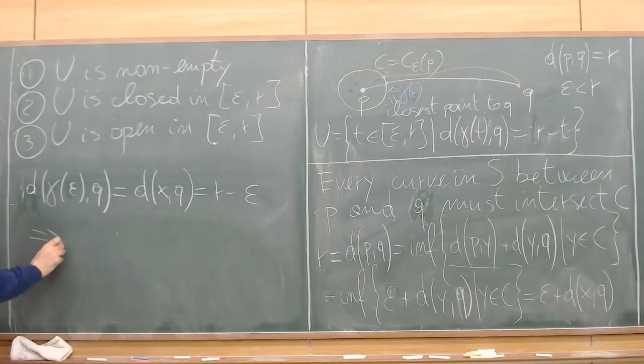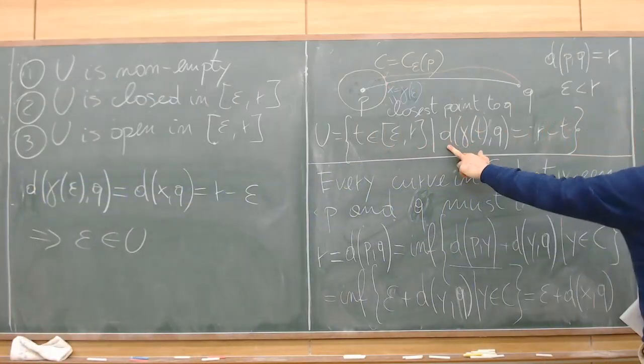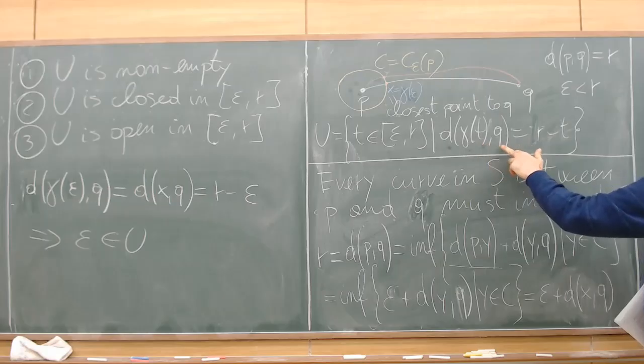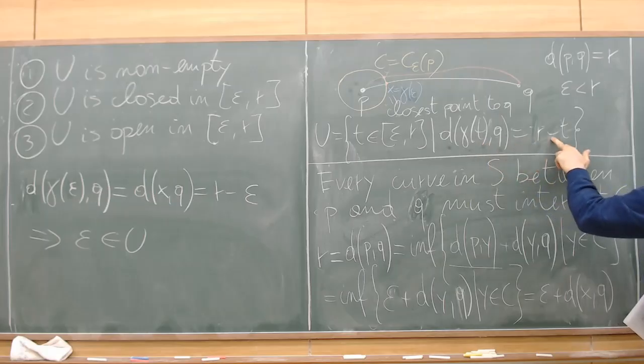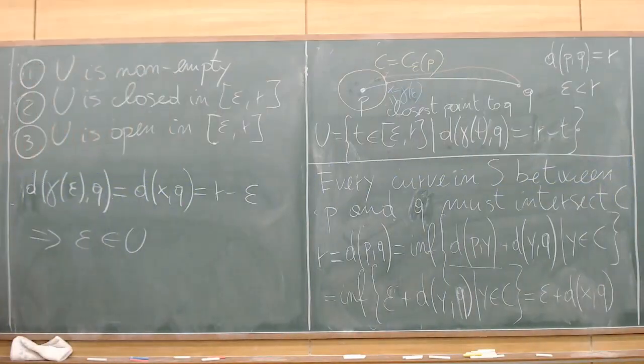This implies that epsilon belongs to U. Why? Because I proved that the distance of gamma epsilon to Q is R minus epsilon. Now let's prove that U is closed.